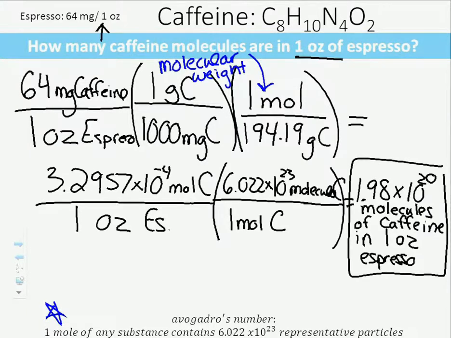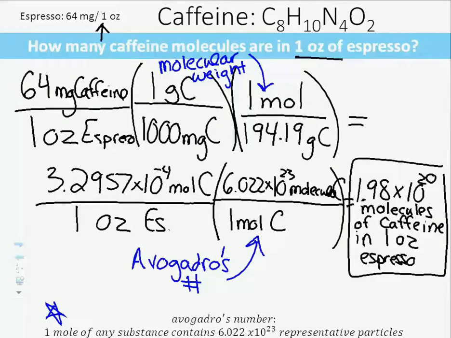Once you have it in moles, then you can use this conversion factor, Avogadro's number. And that number lets you go from moles to molecules. You can also go from moles to atoms, or atoms to moles, or molecules to moles. So these are the 2 big, huge concepts to think about today.